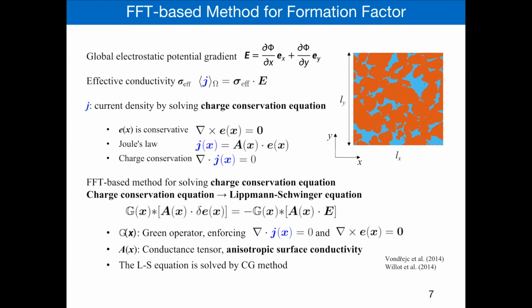The Green operator ensures the current field to be divergence-free and the potential gradient to be curl-free, while the conductivity tensor A is anisotropic within the surface layer.